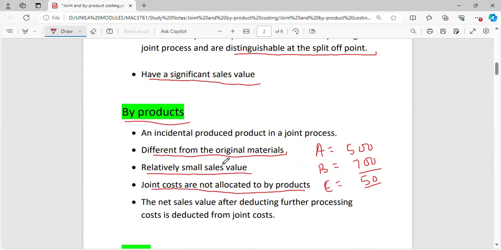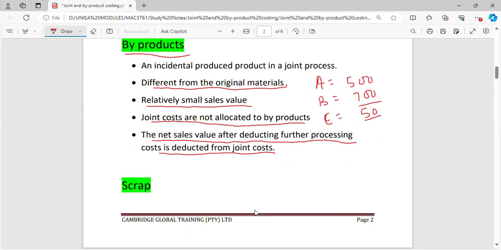You don't allocate joint cost to byproducts. So how do we treat the joint cost to byproducts? The net sales value after deducting further processing cost is deducted from joint cost.